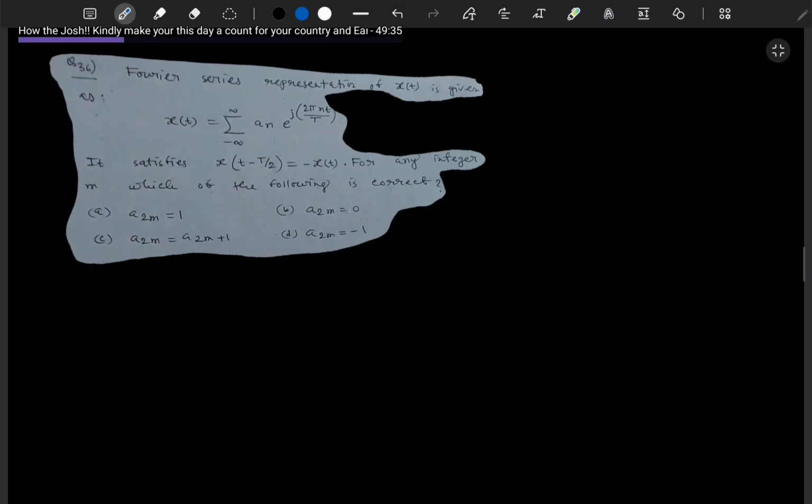36. Fourier series representation of x(t) is given as, here we are shifting the time.